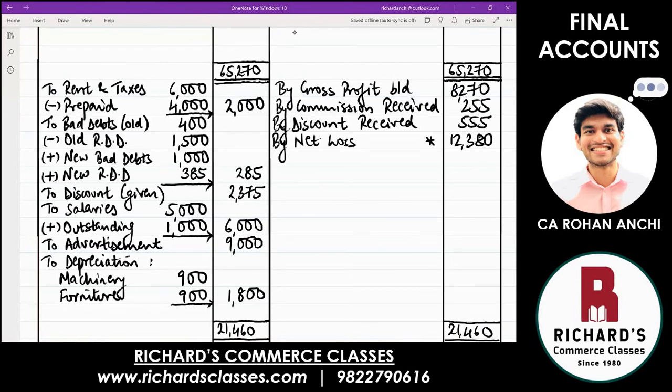Bad debts, old and old RD, which is already given, that you write one below the other. And then the new bad debts and new RD, which will come in the adjustment, those will be the next 2 items. But out of all these 4 items, only one of them has a minus sign, and that is old RDD.